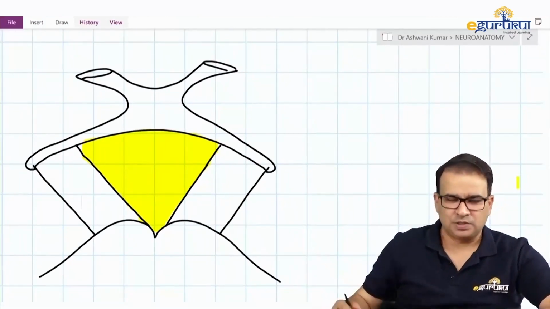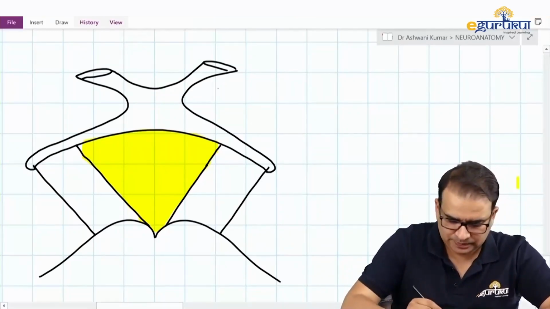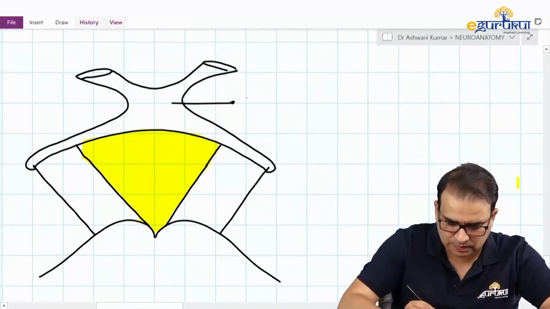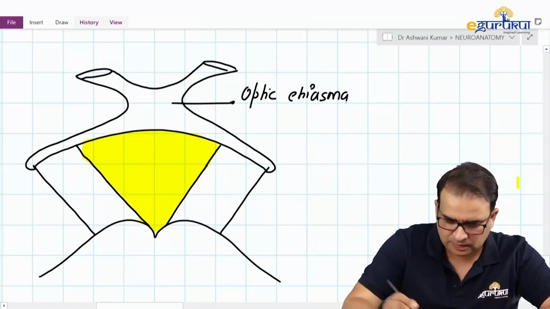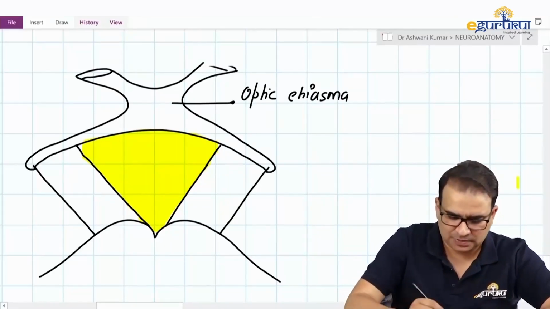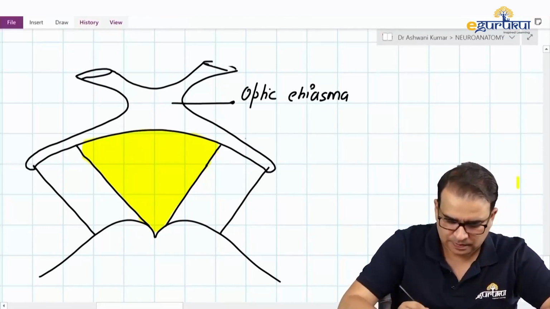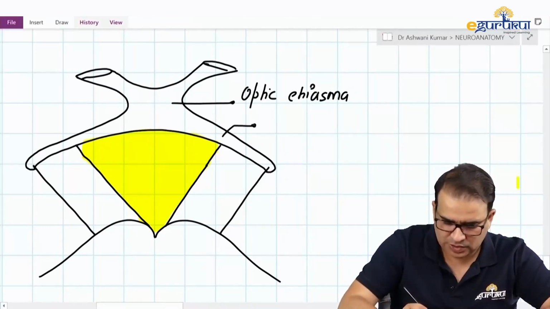So if I have to mark the boundaries of this fossa, it starts with this optic chiasm which is present in the midline ventrally, that is optic chiasma. Then we got this tract.